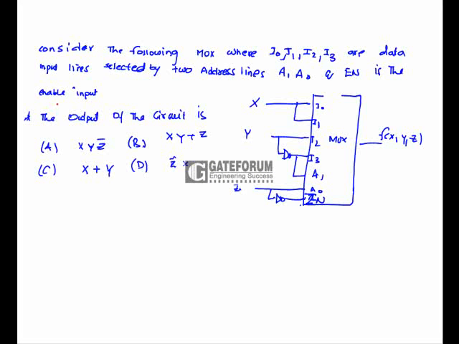Consider the following multiplexer where I0, I1, I2, I3 are data input lines selected by two address lines A1, A0 and EN is the enable input. For the multiplexer to do its function, first of all it has to be enabled. So if we write the truth table, that is X, Y, Z, F, there are 8 combinations.